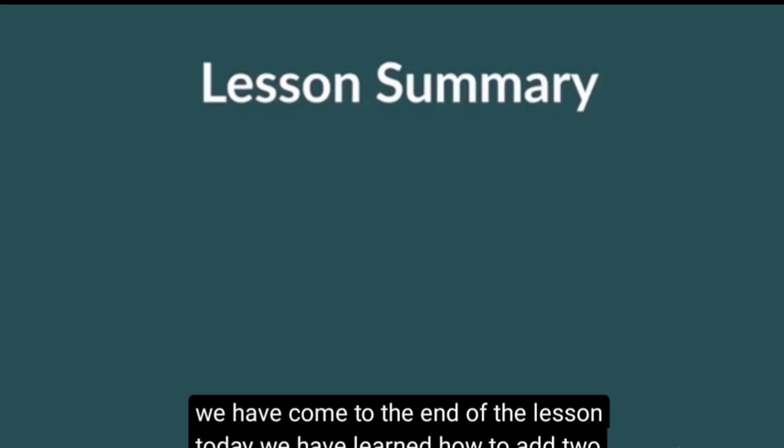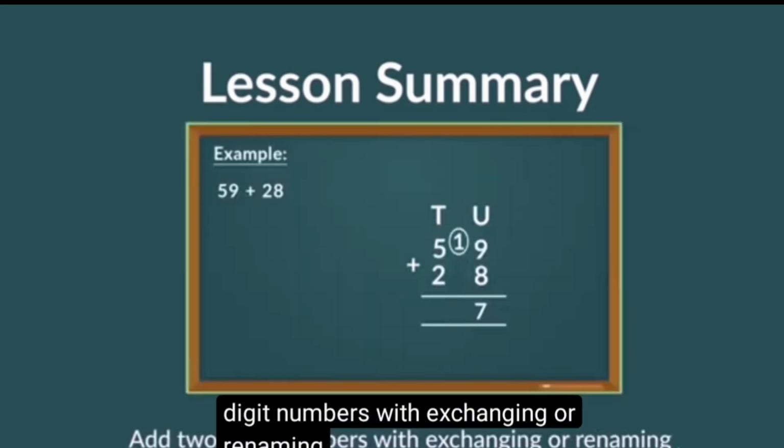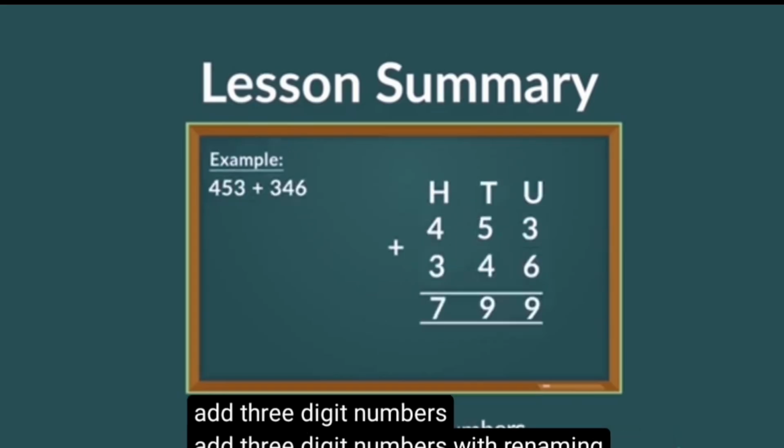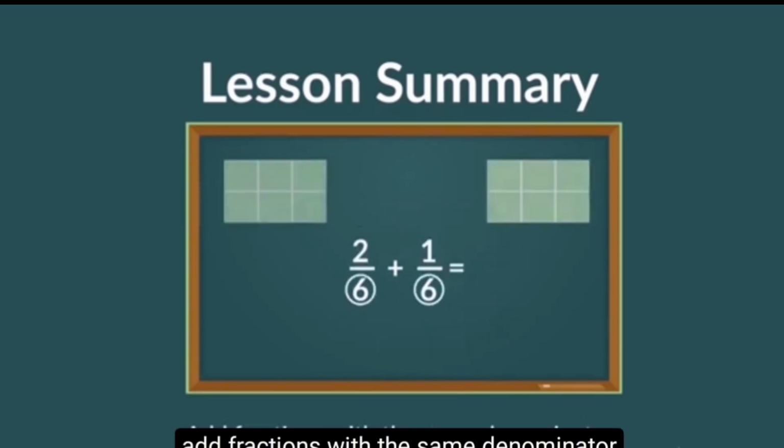Lesson summary. We have come to the end of the lesson. So today we have learned about addition with regrouping, three digits with regrouping also, and fractions with the same denominator.